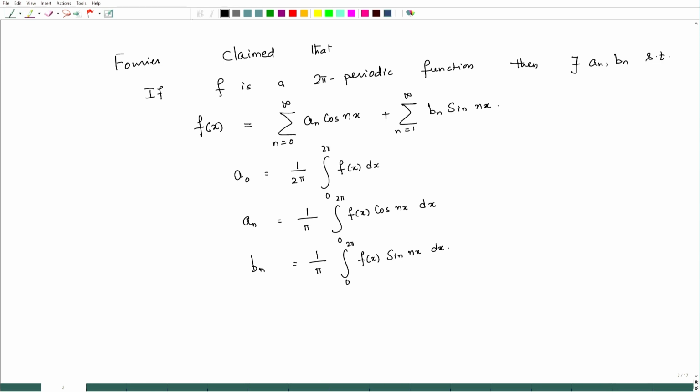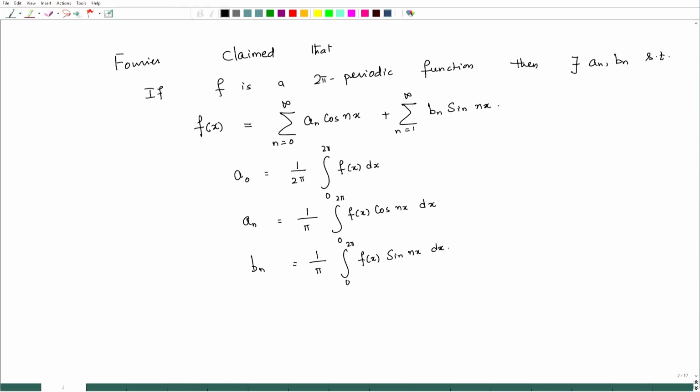Still, it is not clear that given these a_n, b_n, why the series on the right hand side, remember these are all infinite series, should converge in the first place.